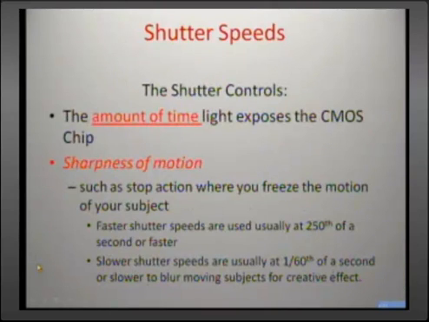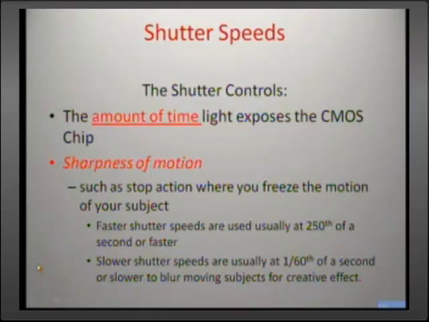Let's talk about what the shutter speed controls. The shutter controls the amount of time that light exposes the CMOS chip. And it also controls sharpness of motion. All right, now when we're talking about the amount of time, we're talking about the amount of time that the shutter remains open so that an exposure can be made.